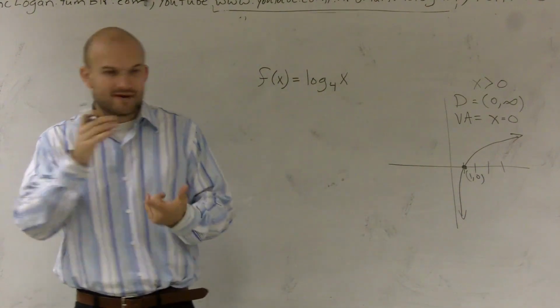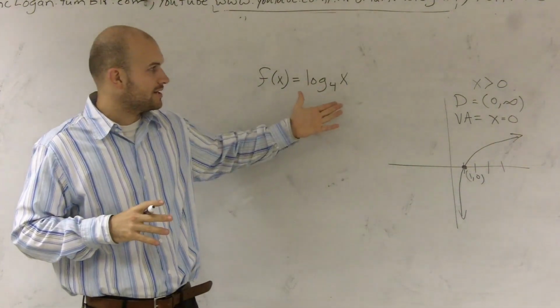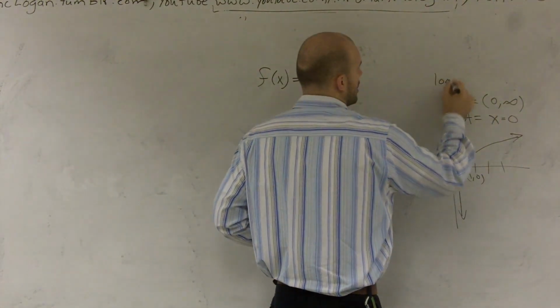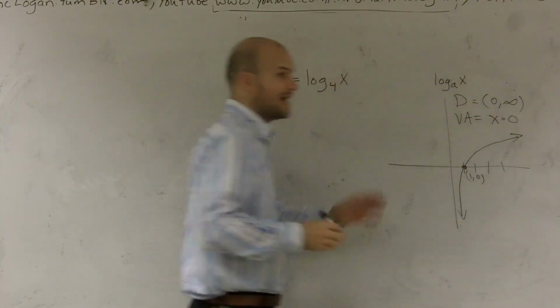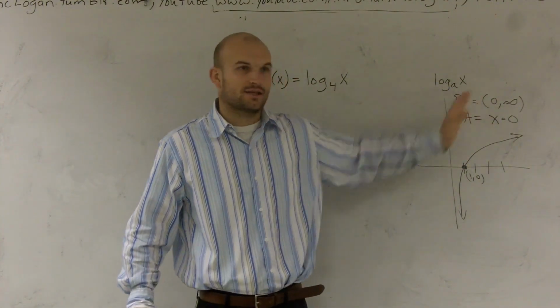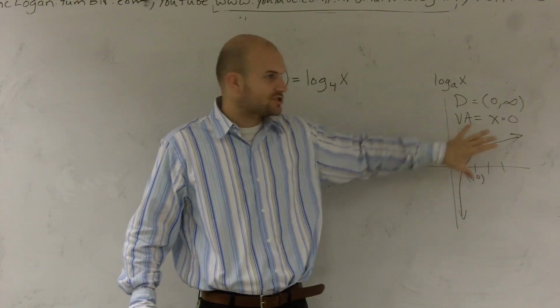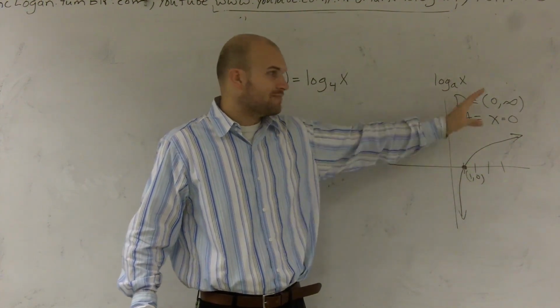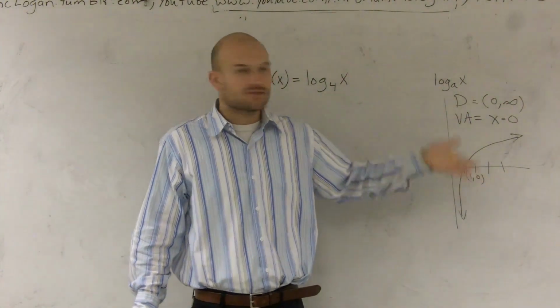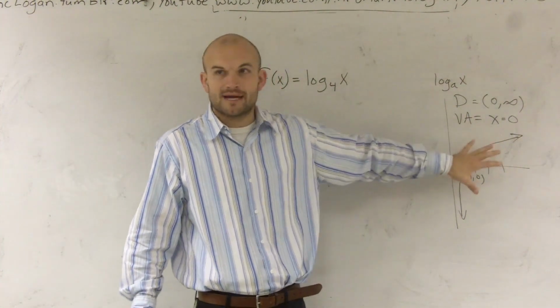So anyways, if I want to find the domain of this function, this was for log base a of x, where a is going to be any base. It doesn't really matter what your base is. It's going to affect a little bit of the change of the shape. However, your domain, vertical asymptote, and your intercept are always going to remain the same. So your base is not going to affect this information.